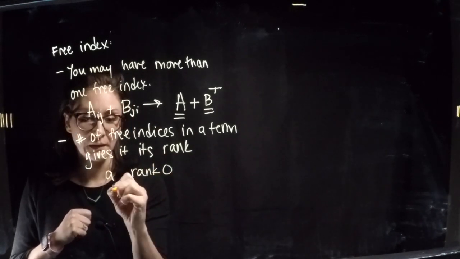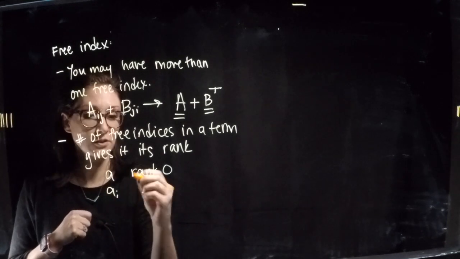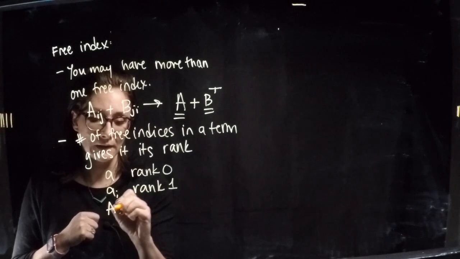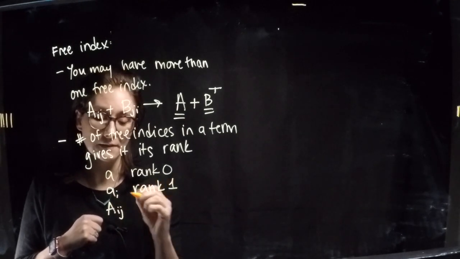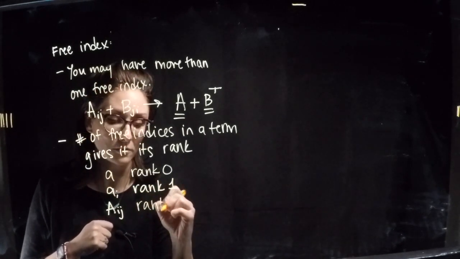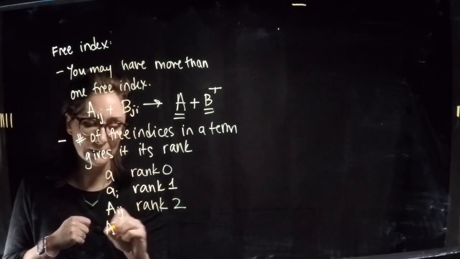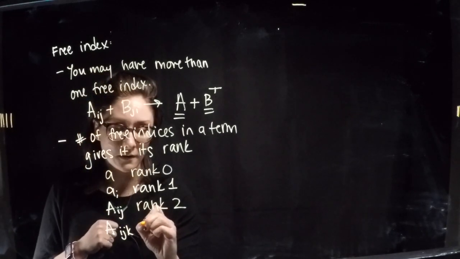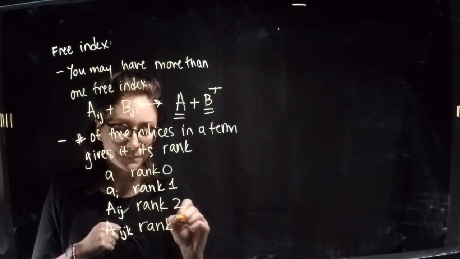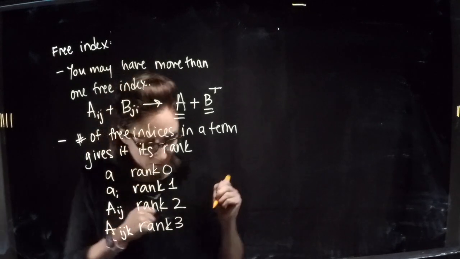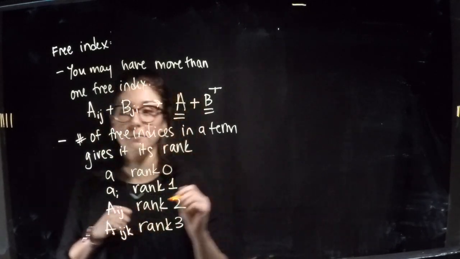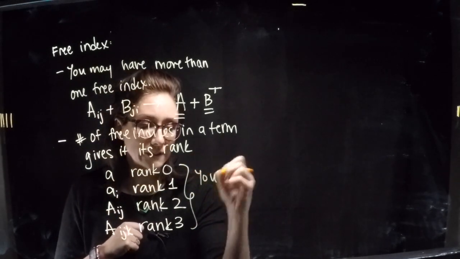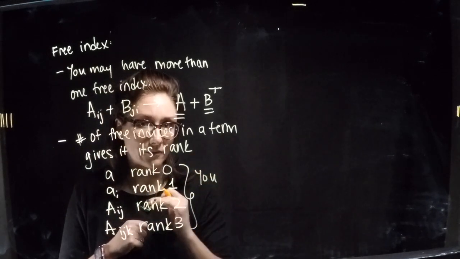Ai, which is a vector, is rank 1, has 1 free index. Aij is a second order tensor or rank 2 tensor. And then same thing with a rank 3 tensor. So we've got 3 free indices here, and this is rank 3. Right? Okay. Another important thing on rank here is you can only sum together quantities that have the same rank.